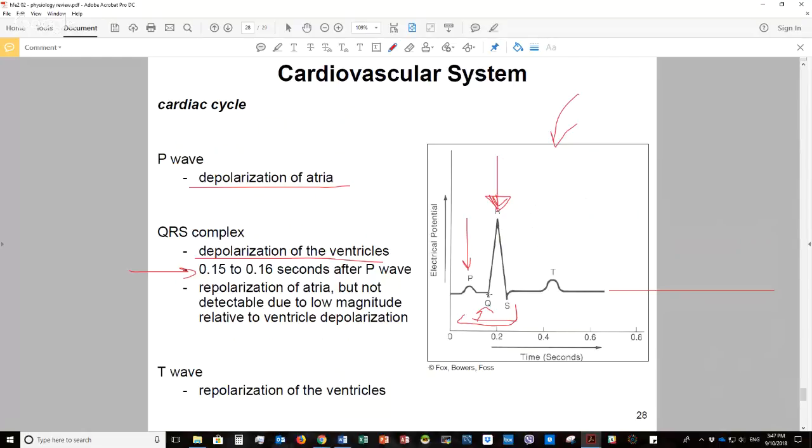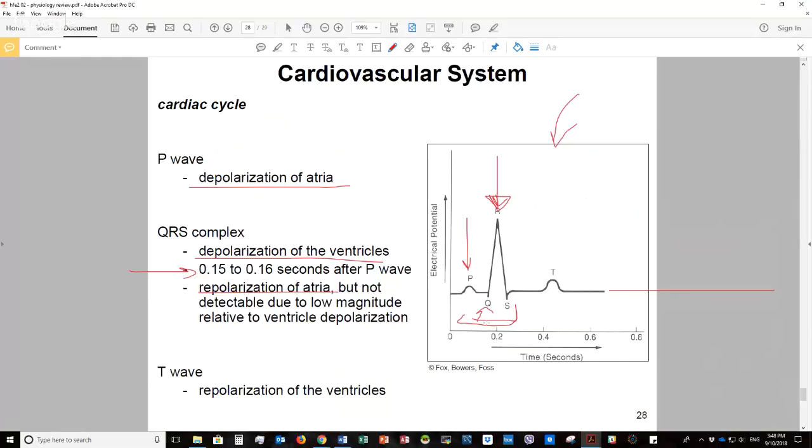This is like we saw with the neurons. Sometimes it over adjusts, like with hyperpolarization, when it repolarizes, it goes a little bit farther than it really needs and then comes back. So I think that's what's happening here with the Q and the S: you're getting repolarization of the atria.